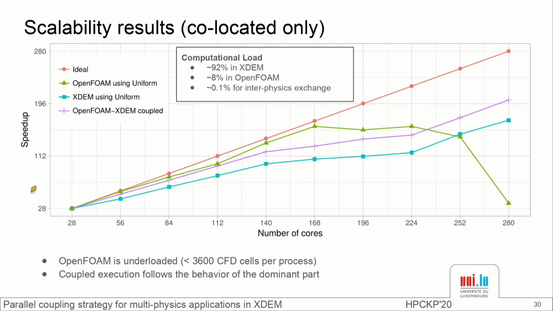XDEM scales well, and we can see that in purple this is the line for the coupled solution, and we can see that the trend of this line follows the dominant part of the code, which in that case is XDEM. So the scalability result in that experiment is, I would say, pretty good.